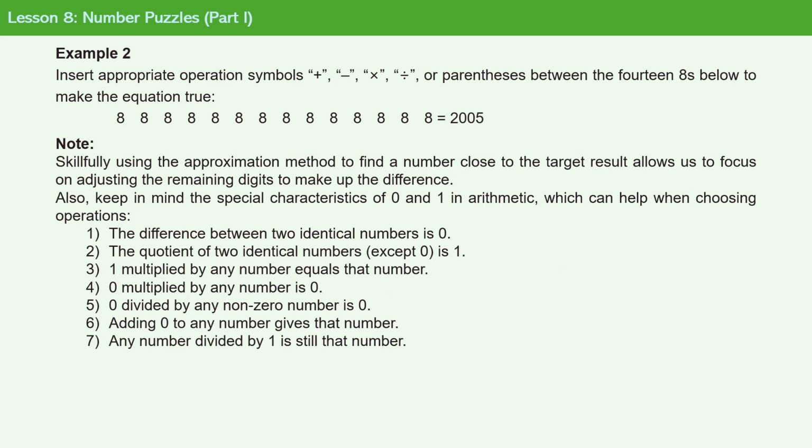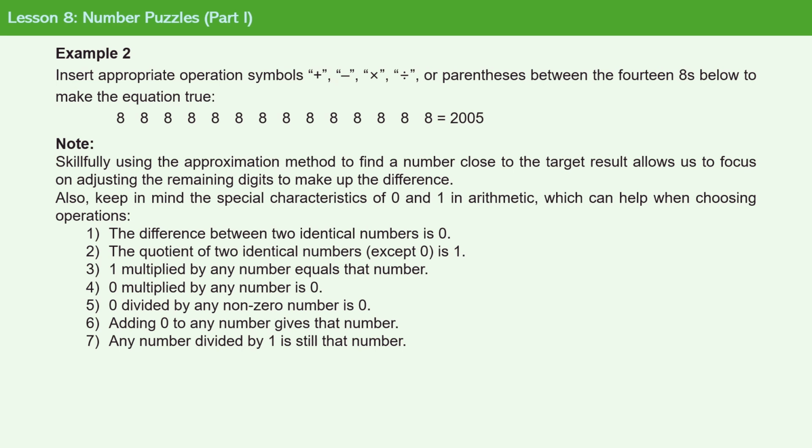Skillfully using the approximation method to find a number close to the target result allows us to focus on adjusting the remaining digits to make up the difference. Also, keep in mind the special characteristics of 0 and 1 in arithmetic, which can help when choosing operations. The difference between two identical numbers is 0.